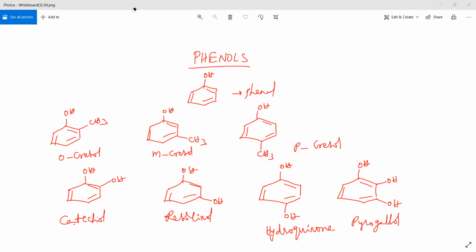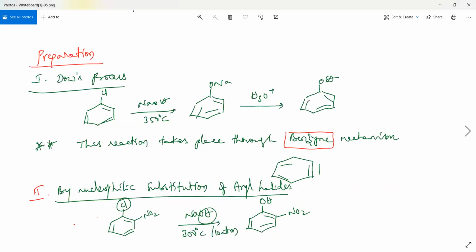Pyrogallol. Then preparation. The first one is Dow's process. When chlorobenzene is treated with NaOH followed by hydrolysis, you will get phenol.